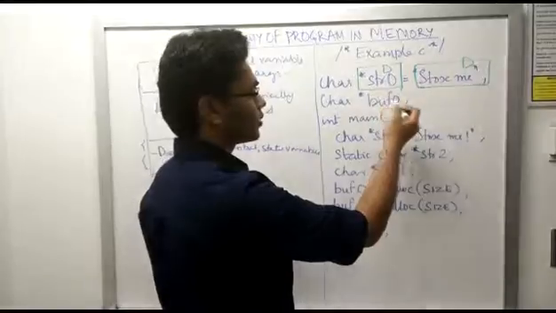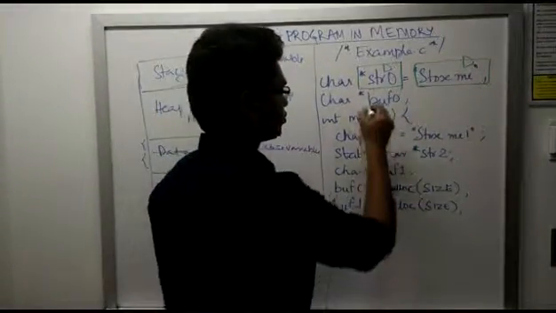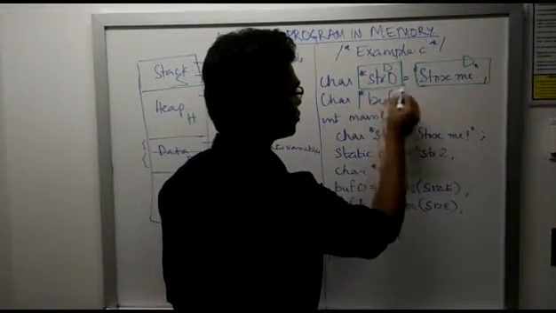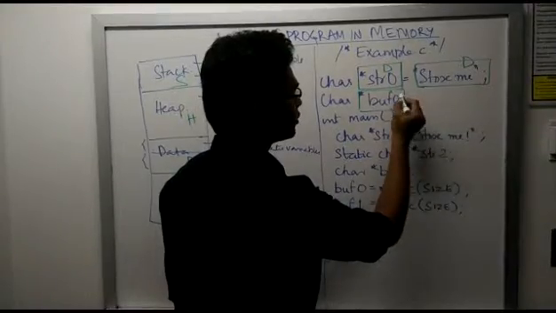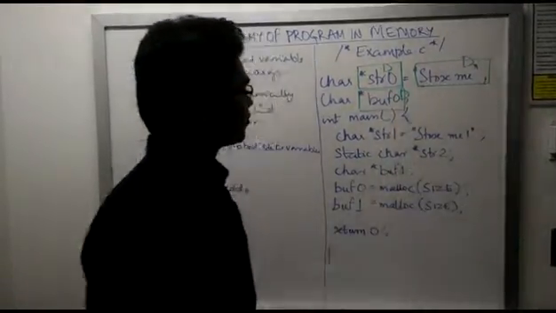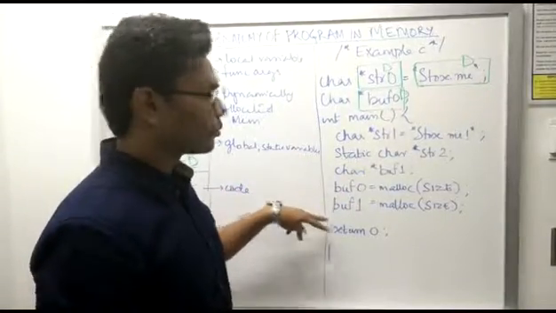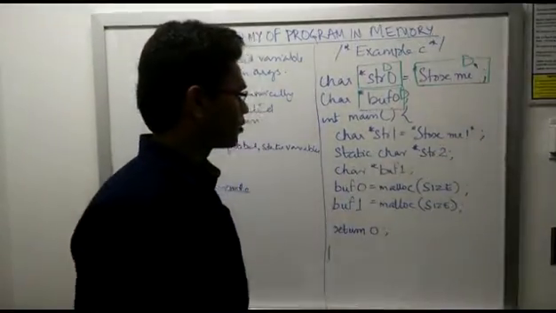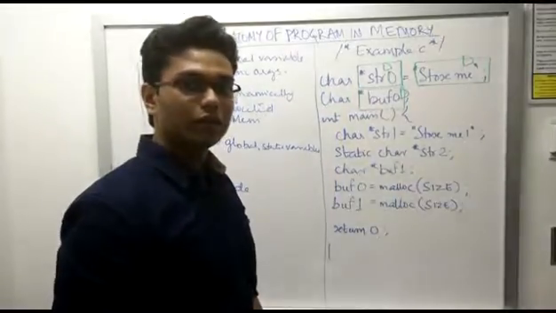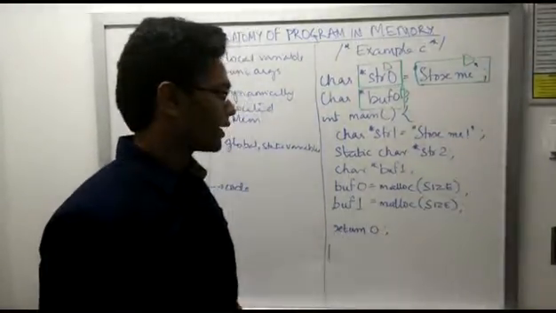Going ahead, buff0 is also a global variable and it's a pointer. So memory to store the pointer comes from your data section again. Now going into the main function, all these variables will be your local variables. Therefore, they need to be coming from your stack.